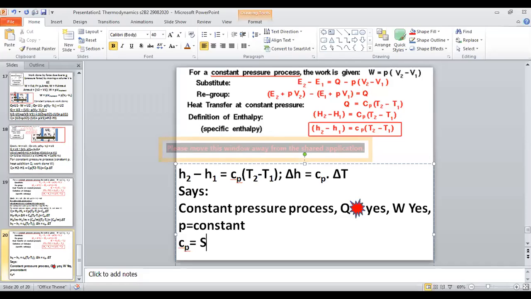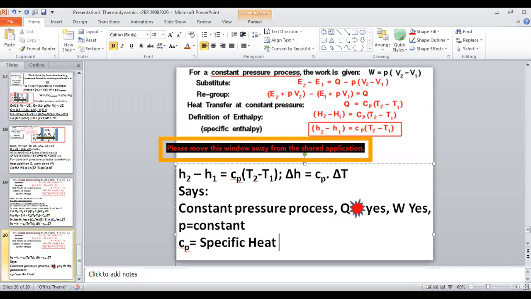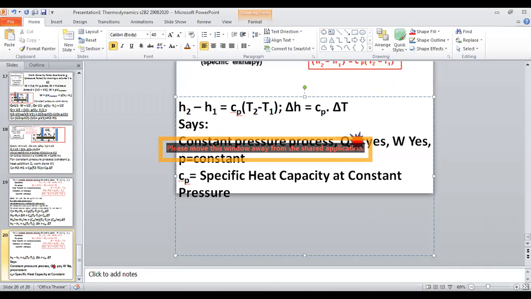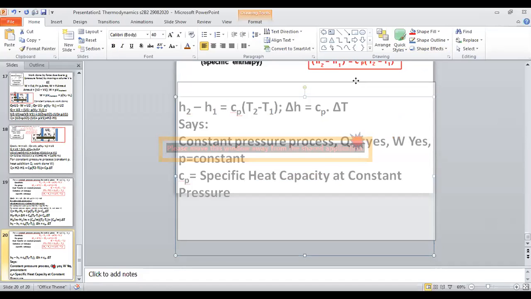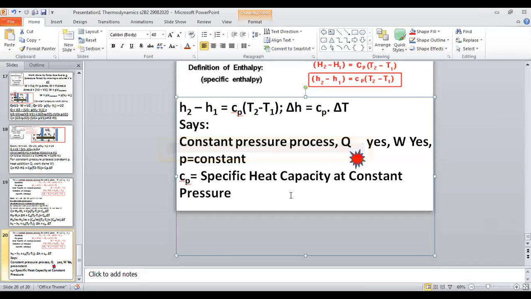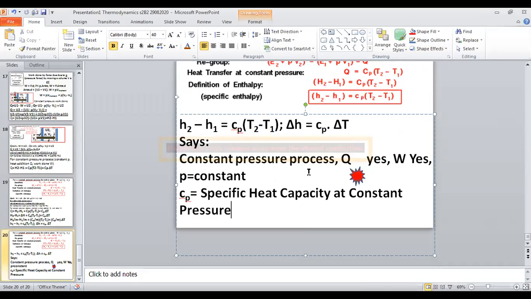Again, specific heat capacity at constant pressure.